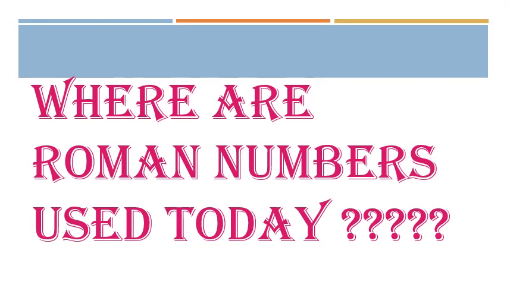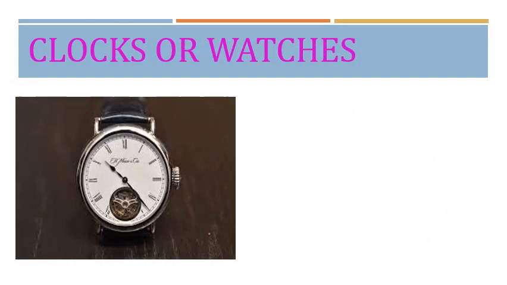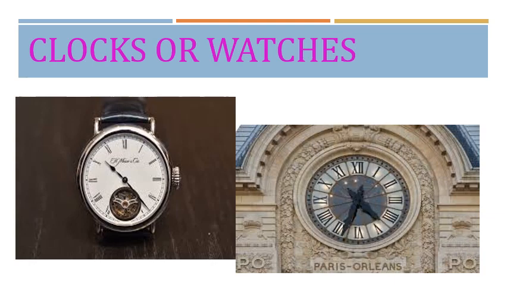Now, my dear children, where are Roman numbers used today? You might be thinking, why is ma'am teaching us Roman numbers? Yes, children, we ought to know that because it is still used. We can see it on clocks or watches.